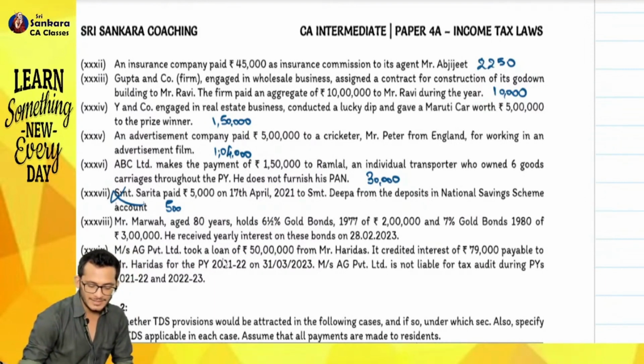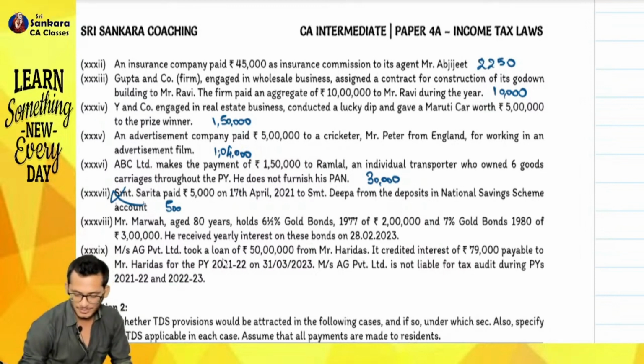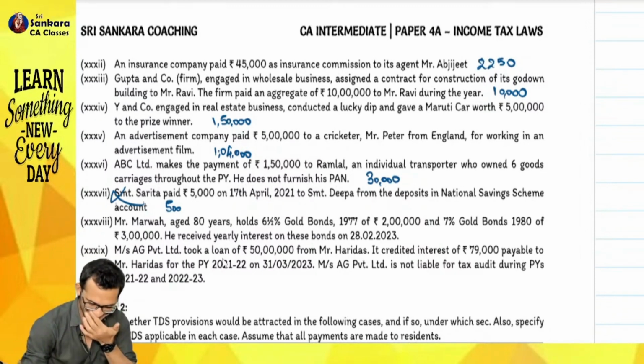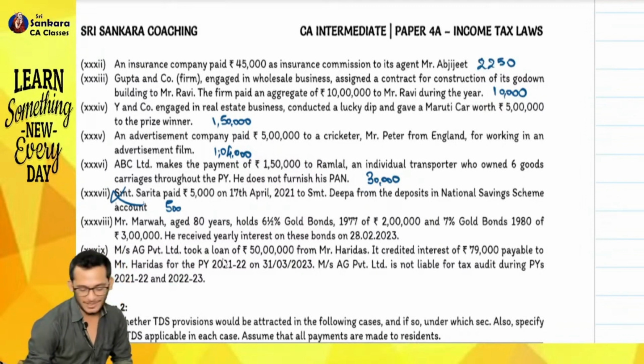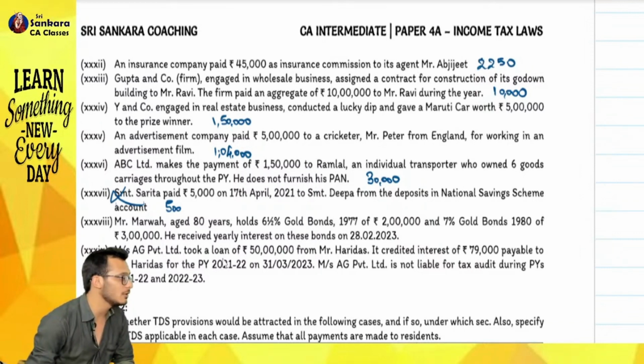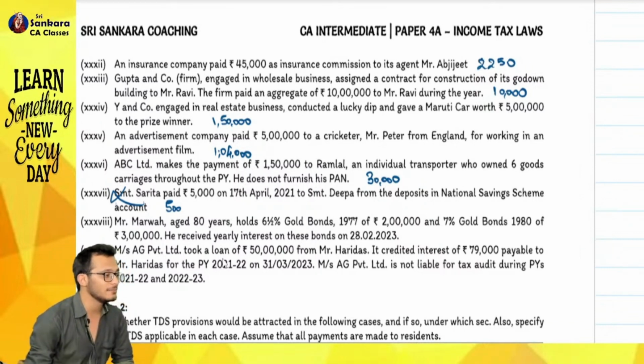Mr. Marwa, aged 80 years, holds 6.5% gold bonds of 2 lakhs and 7% gold bonds of 1980 of 3 lakhs, and receives yearly interest on these bonds on 28th February 2023. This is section 193.